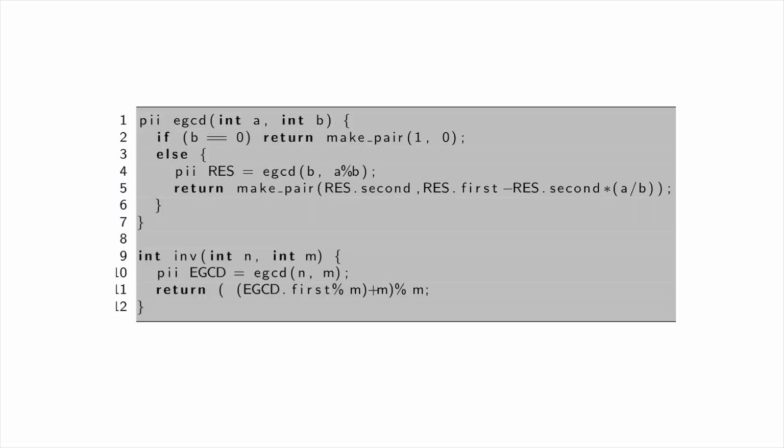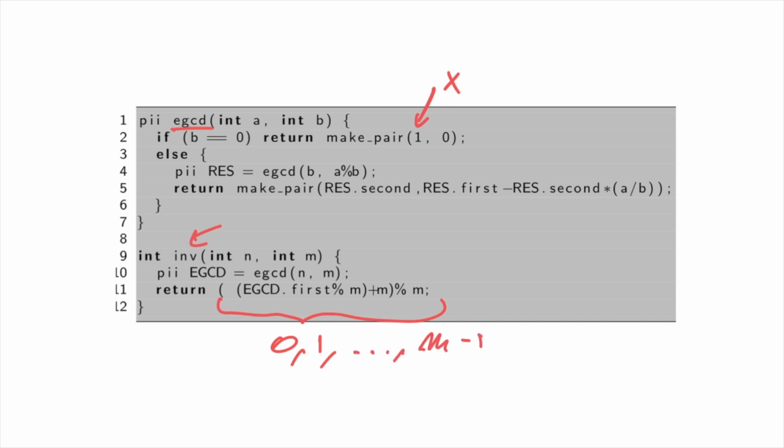We can do this by defining an extension of Euclid's algorithm, where as we recursively compute the greatest common divisor, we keep track of x. Then to compute the inverse, we take x and make sure that it ends up in the range that we want.